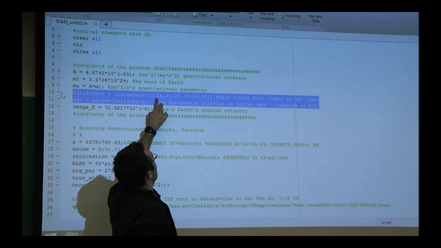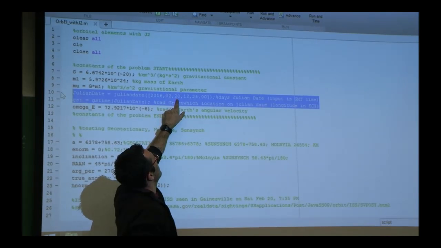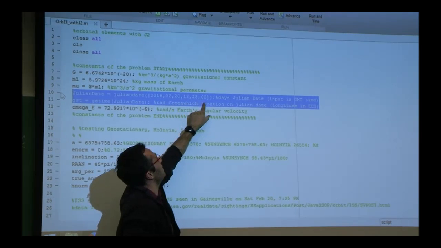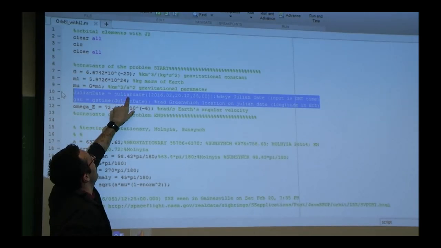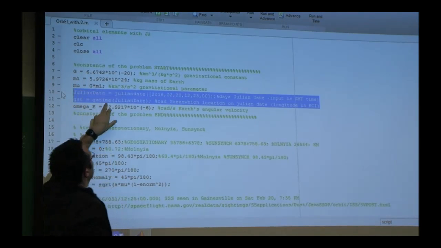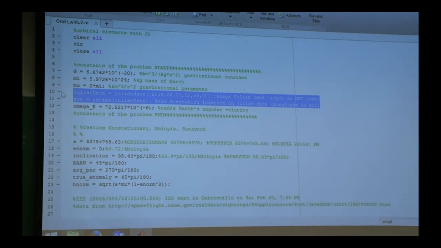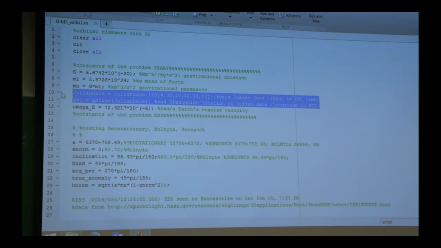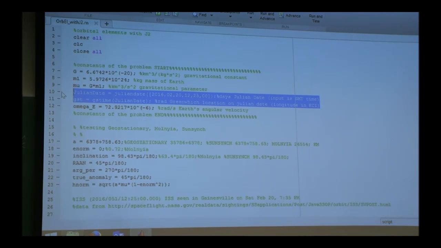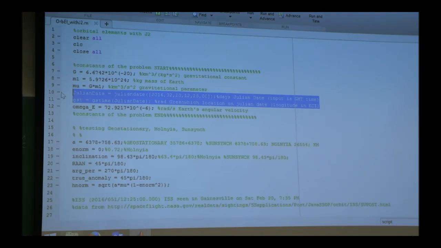In this function, you use actually year, month, date, hour, minutes, seconds. So this converts the actual calendar date that you will use into a number. And I think that date, which was a few days ago, 20th of February, ends up being like 2,500,000, I don't know how many days. It's a huge number, but that's what people use. And you input that in here, and GST is this angle here.